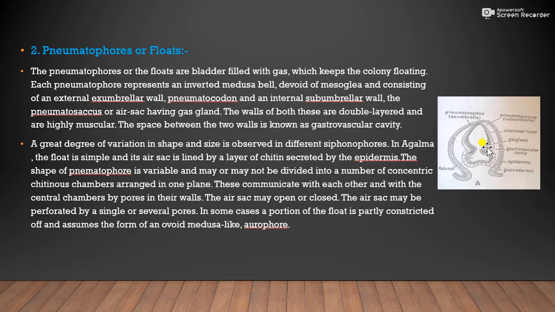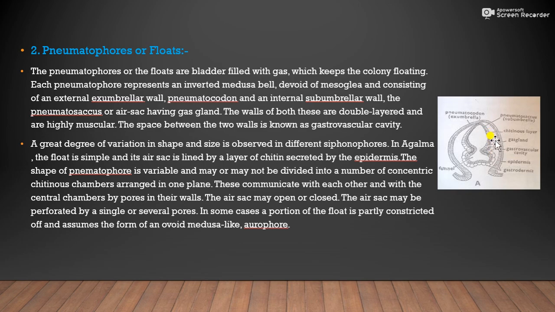The walls of both are double layered and highly muscular. The space between the exumbellar and subumbellar walls is called the gastrovascular cavity.